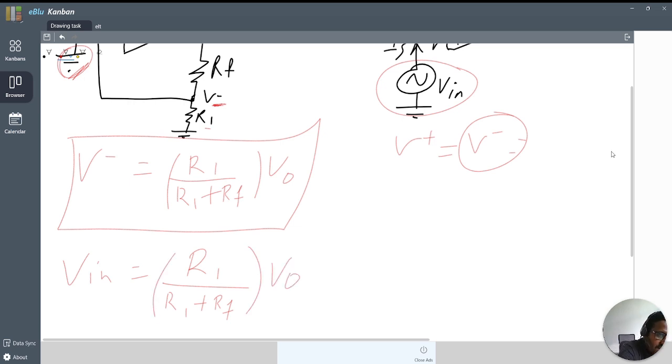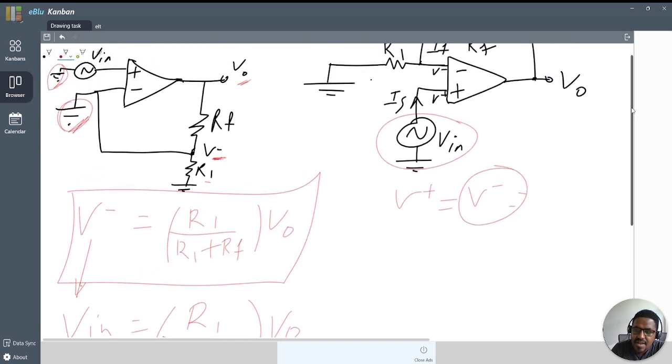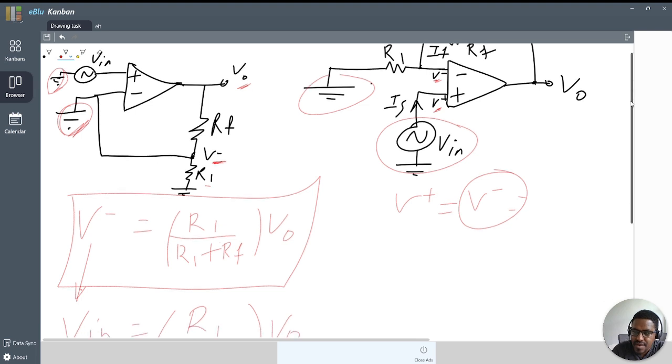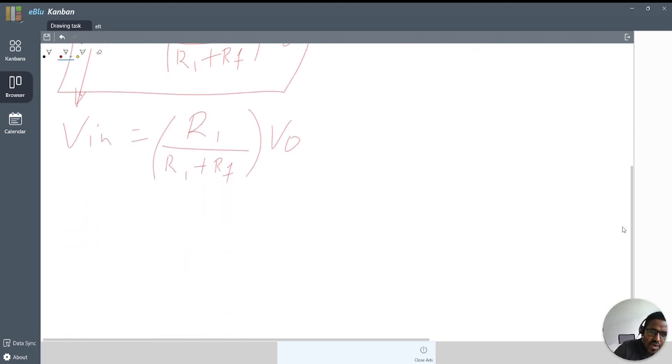So V inverting is replaced by V in. Because of what? Both V non-inverting and V inverting are virtually grounded. So our V in to the non-inverting terminal is the same as the inverting by the virtual ground rule. Don't forget, please.